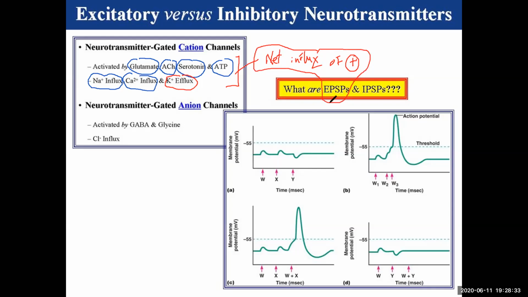So on the plasma membrane of dendrites and the cell body of the postsynaptic neuron, we have the formation, the birth of EPSPs. These are graded potentials that will try to get to the axon hillock of this postsynaptic neuron.